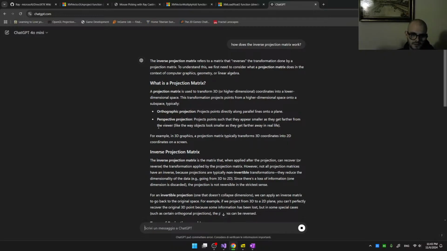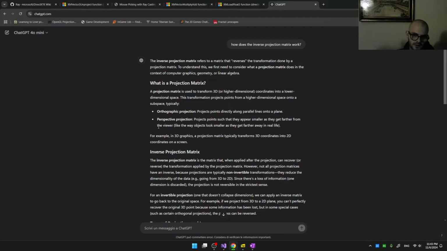Projection is used to transfer 3D coordinates into a lower dimensional space. This transformation projects points from a higher dimensional space onto a subspace. Typically, orthographic projection projects points directly along parallel lines onto a plane. Perspective projection projects points such that they appear smaller as they get farther from the viewer.